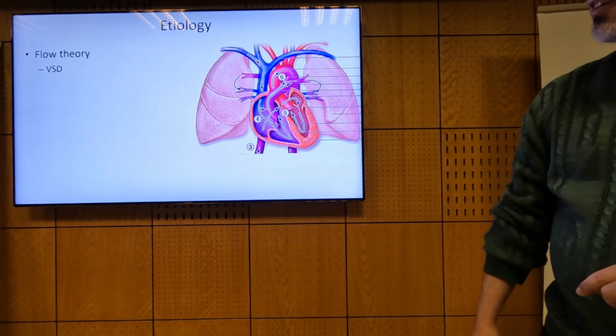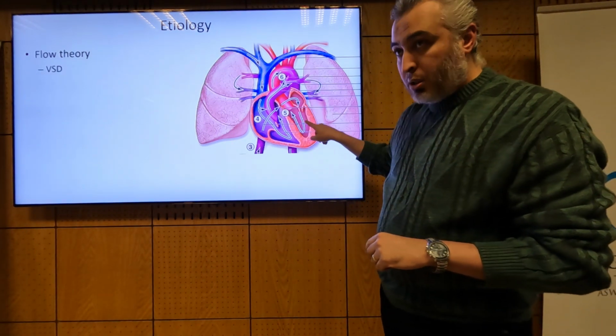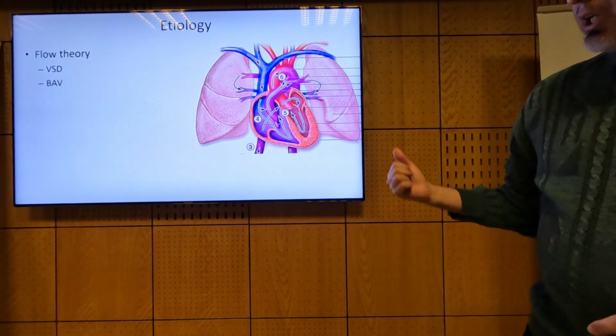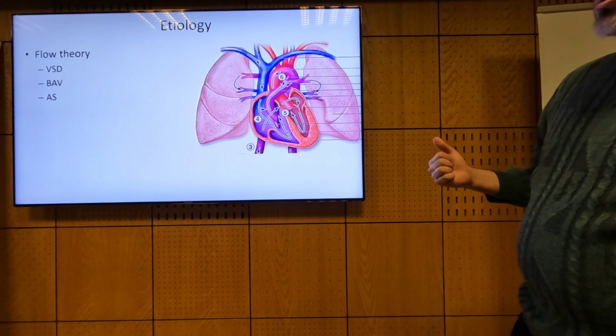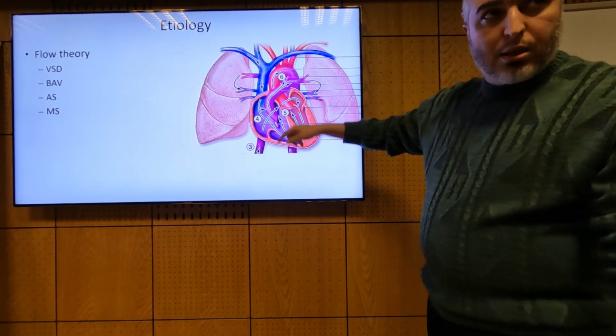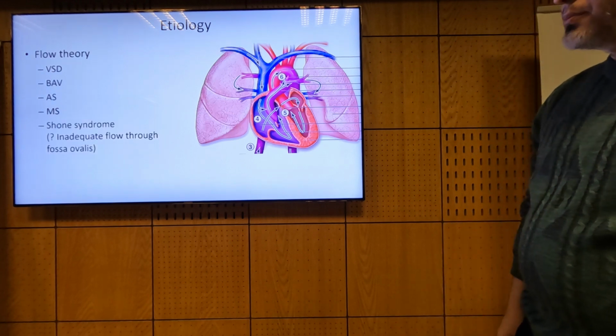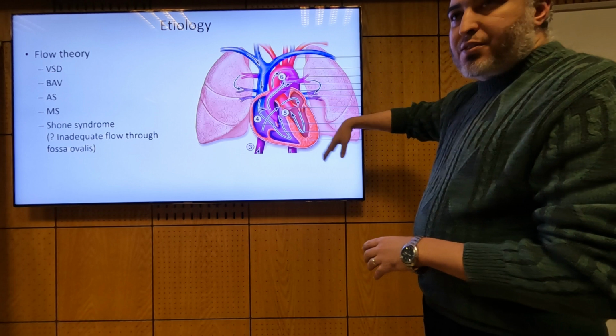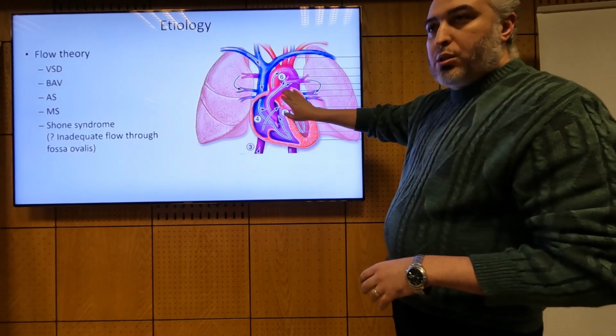For example, if a patient has a VSD, less blood will go into the ascending aorta. The same with bicuspid aortic valve, aortic stenosis, mitral stenosis, so anything causing less blood to go into the ascending aorta.